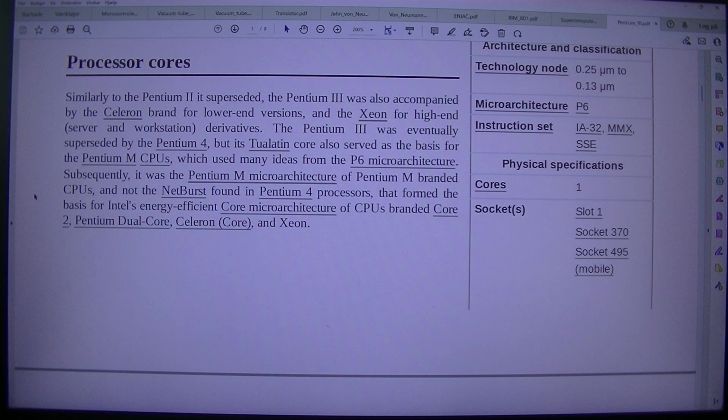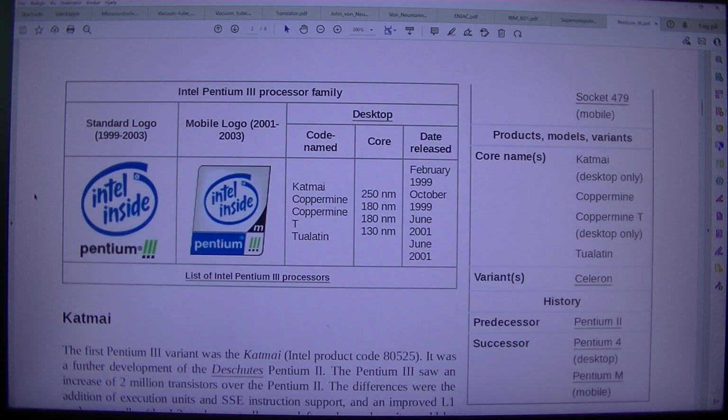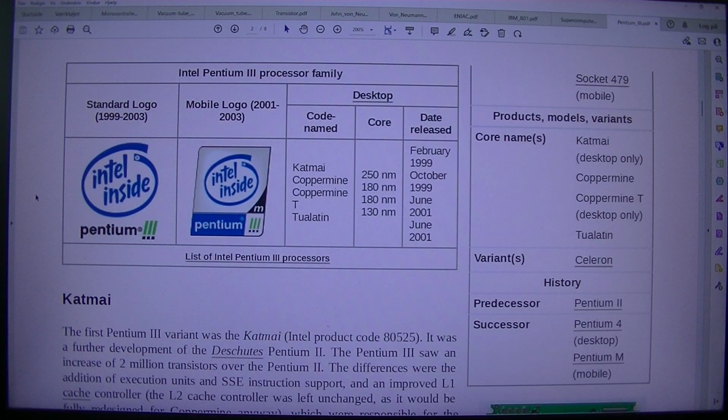Subsequently, it was the Pentium M microarchitecture of Pentium M branded CPUs, and not the NetBurst found in Pentium 4 processors, that formed the basis for Intel's energy-efficient Core microarchitecture of CPUs branded Core 2, Pentium Dual-Core, Celeron Core, and Xeon.